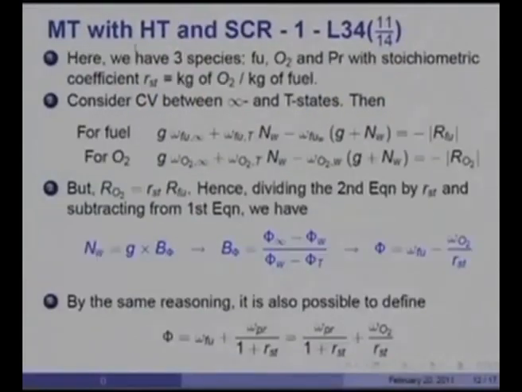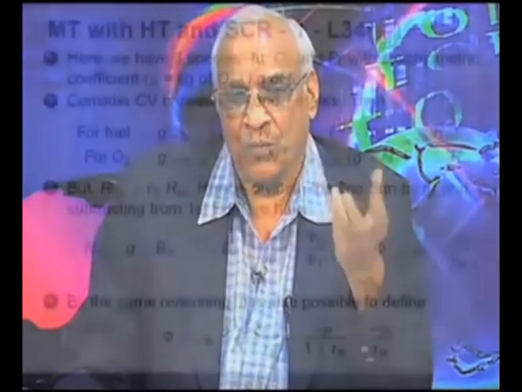We turn to mass transfer with heat transfer and simple chemical reaction. Now, as you know, in this case 1 kg of fuel reacts with RST kg of oxygen to produce 1 plus RST kg of product, where RST, the kilograms of oxygen per kilogram of fuel, is the stoichiometric coefficient.